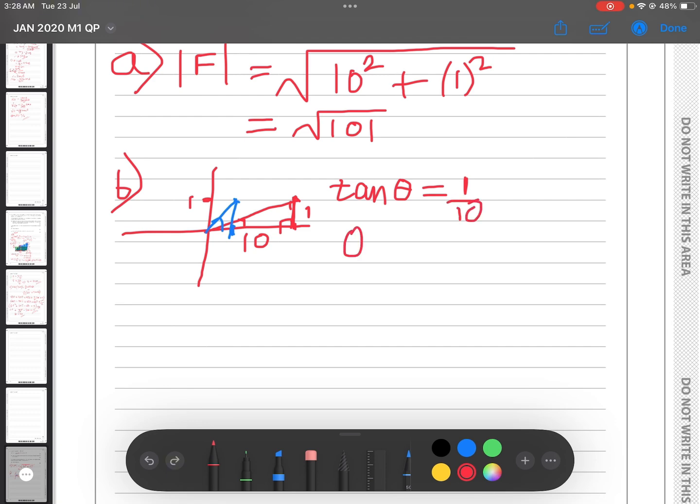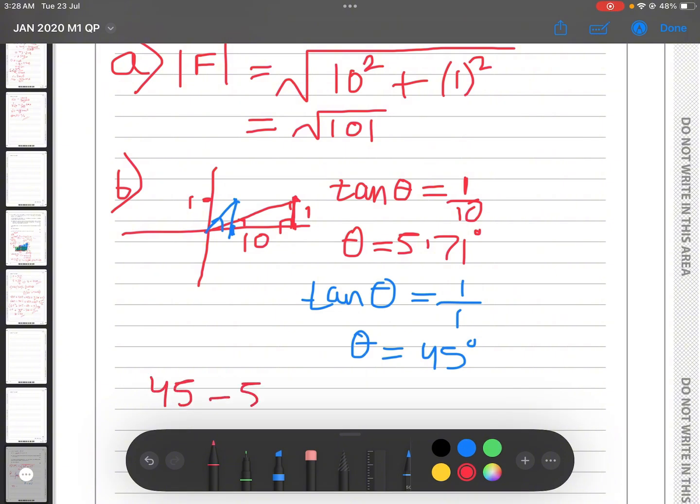So theta is equals to 5.71 degrees. And for the other one, tan theta equals to 1 upon 1. Therefore, theta will be equals to 45 degrees. And so the difference between the angles is going to be 45 minus 5.71, which is going to be equals to 39.3 degrees. That is the answer to part B.